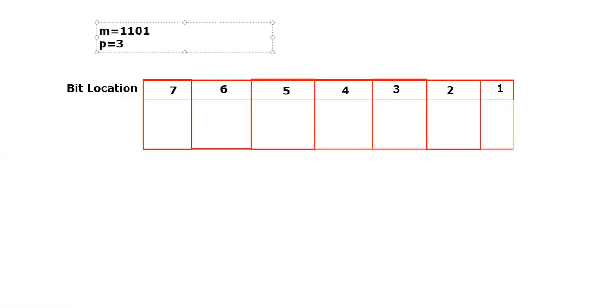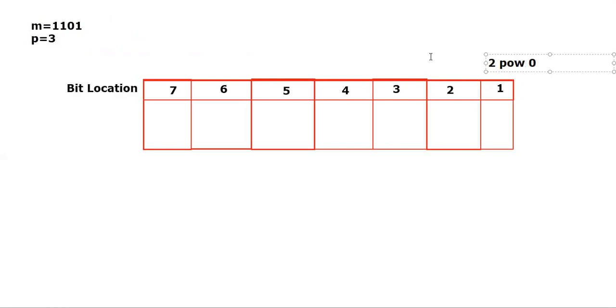Now I'm first going to find the powers of 2 by using the bit location. 1 can be represented as 2 power 0, and 2 power 0 is 1. 2 can be represented as 2 power 1, which is 2. 3 cannot be represented in terms of powers of 2, but 4 can be written as 2 power 2. 5, 6 and 7 cannot be represented as powers of 2.